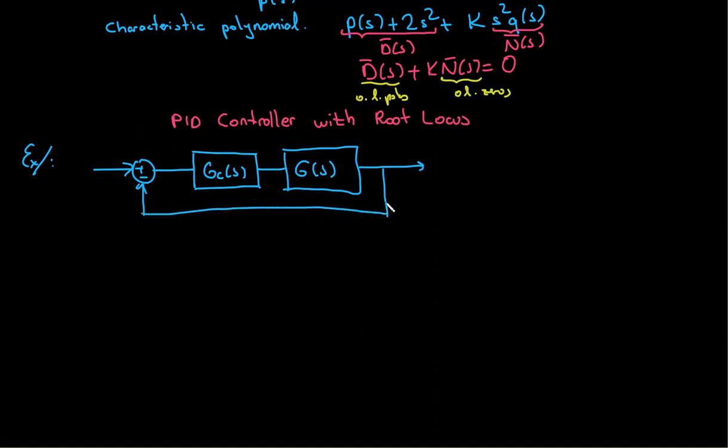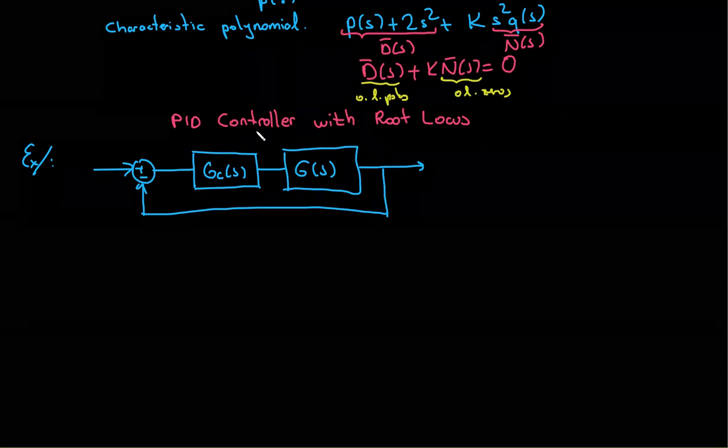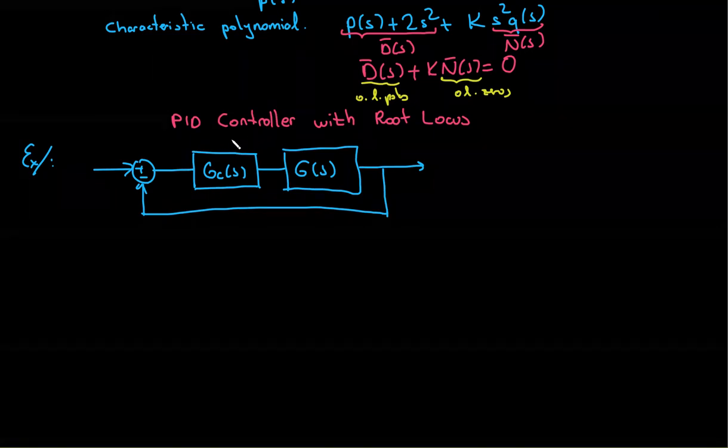Suppose I have multiple controllers to choose from: a P controller, PD controller, PI controller, or PID controller.